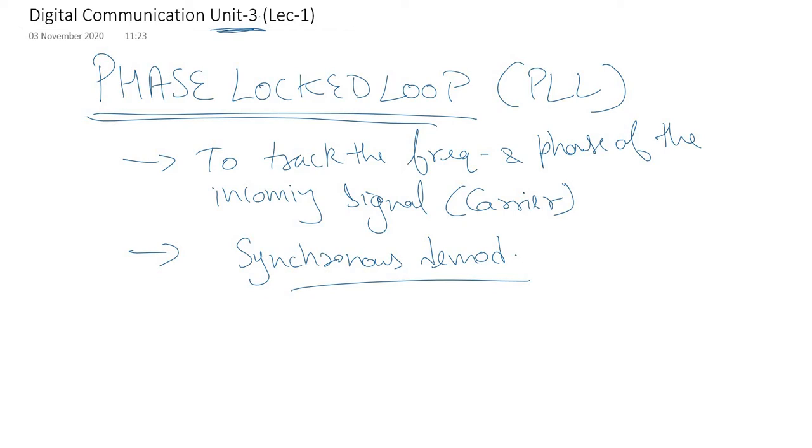So it is therefore a very useful device in the demodulation process. It can also be used for demodulation of angle modulated signals. It can be useful for amplitude modulated as well as angle modulated signals, where the condition of low SNR is there. It is really helpful in the demodulation of such signals.